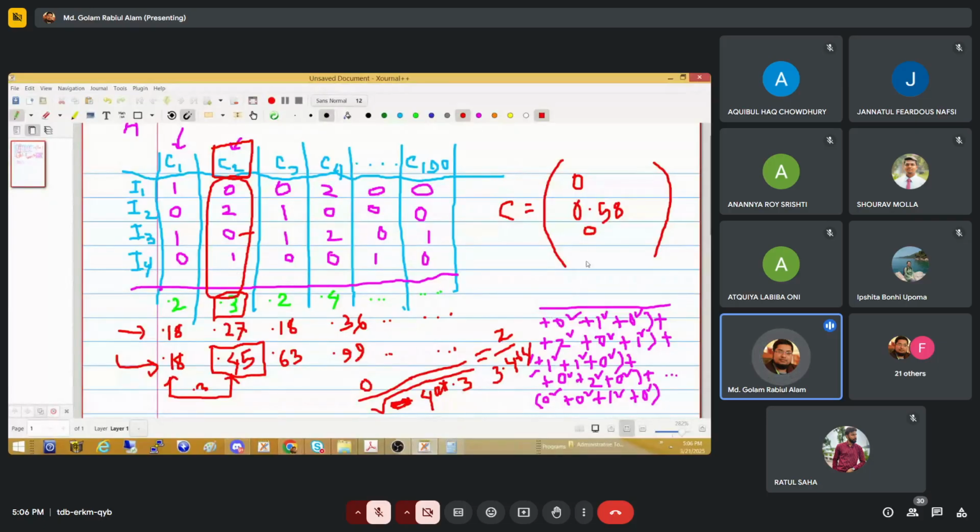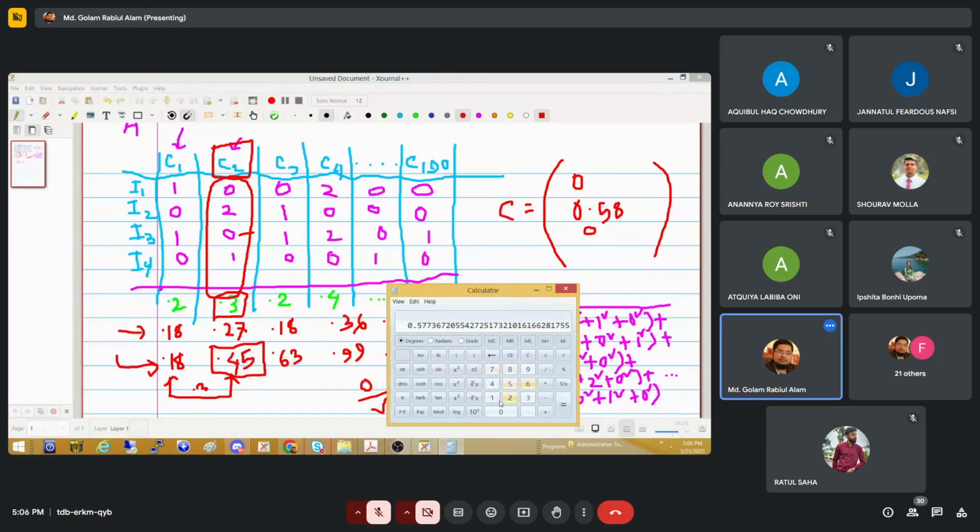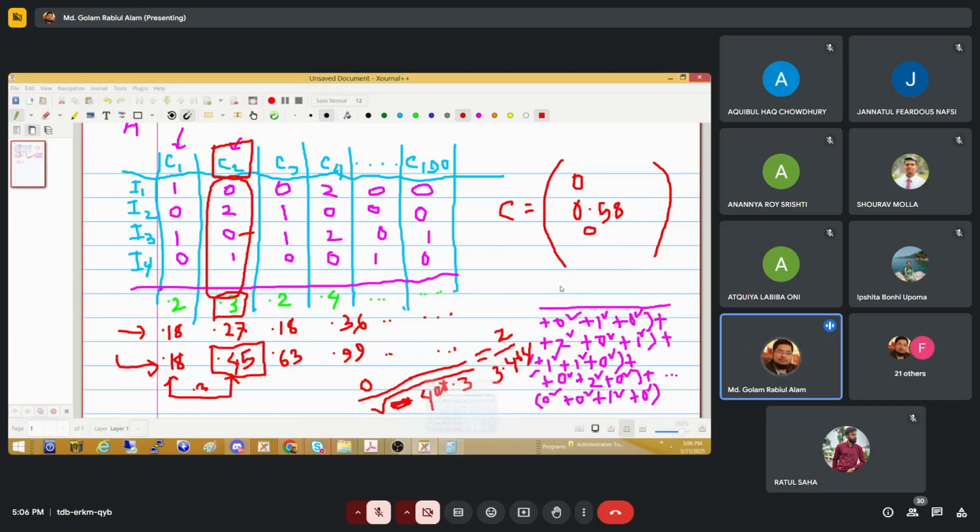And then another one is 1 by 3.464, so we will get 0.29. So this one will be selected here. Okay, so this is one of our columns.